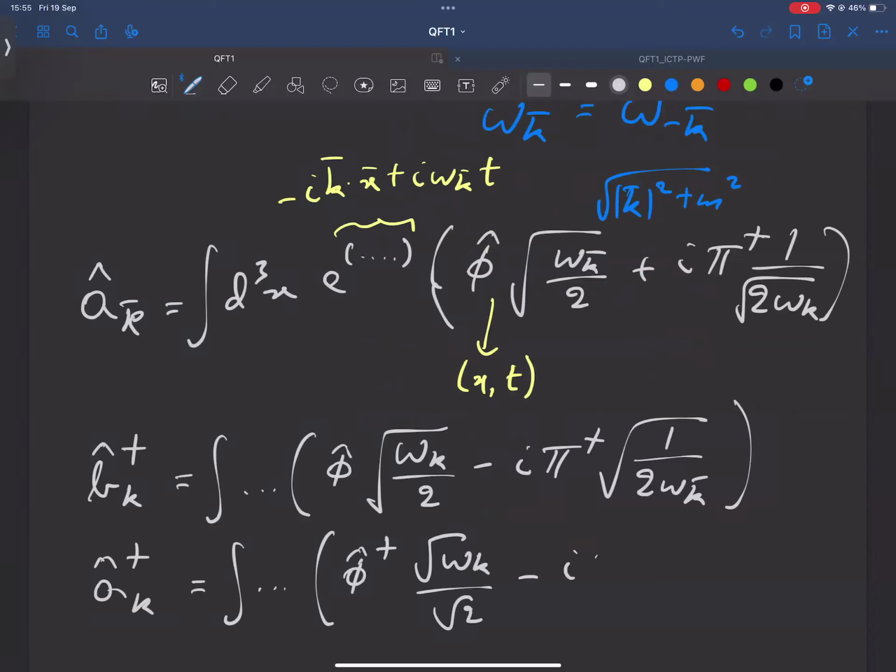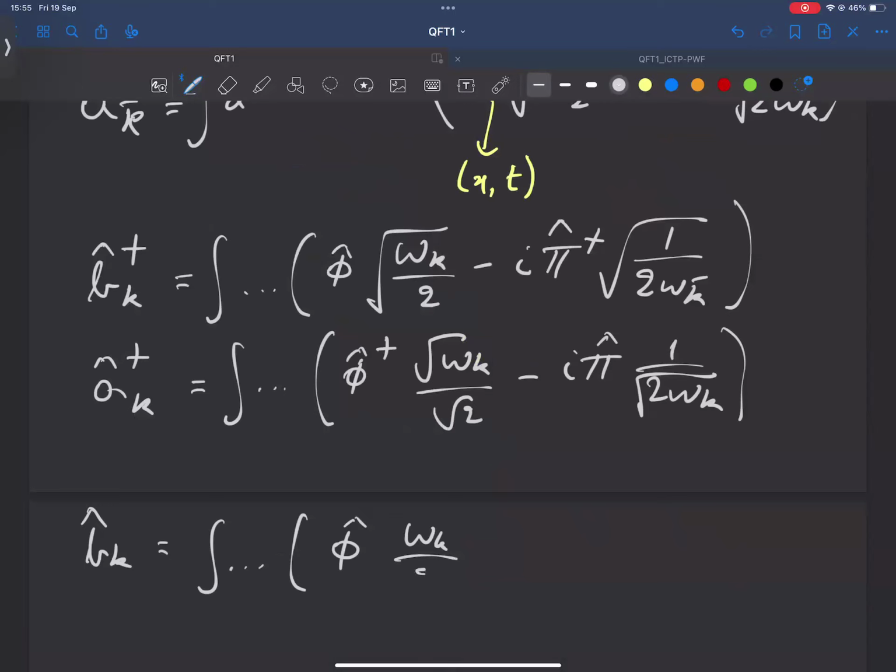And B k will be similarly phi dagger omega k by 2 plus i pi 1 by 2 omega k. So this is the structure that I was talking about.